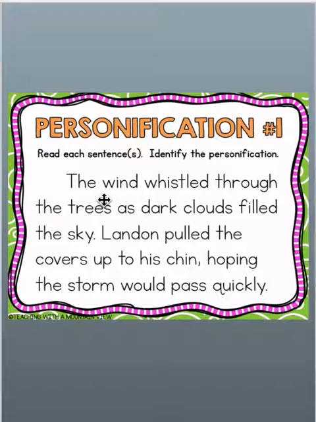We have the wind, trees, storm. It says the wind whistled. So here, right, this is a non-human object. The wind, it's doing something humans do. It whistles. So this is the personification example. The wind whistled through the trees. Okay, so then you would choose this to identify personification.